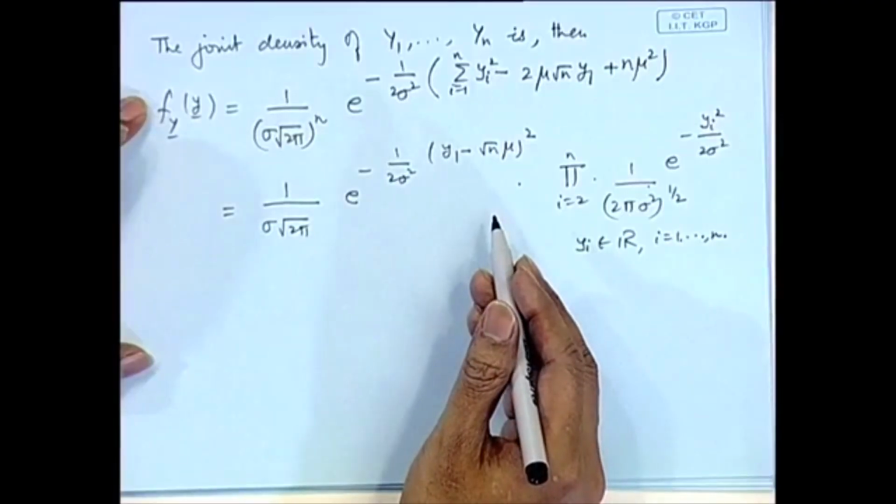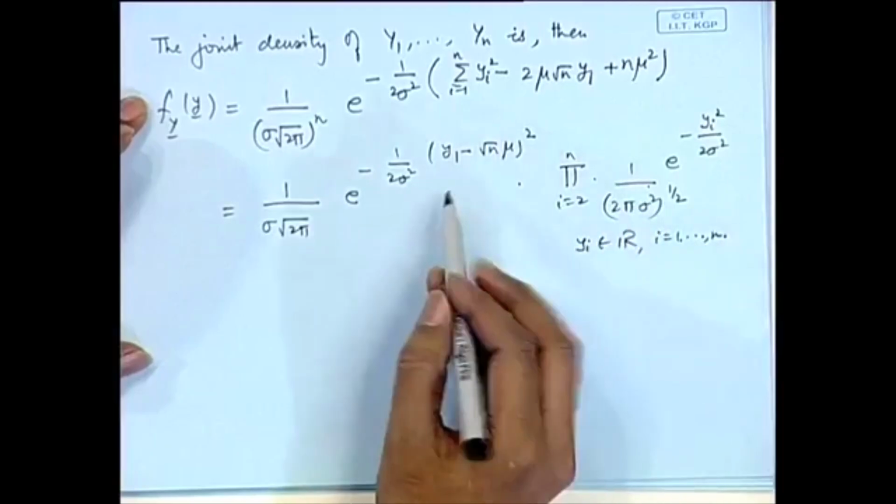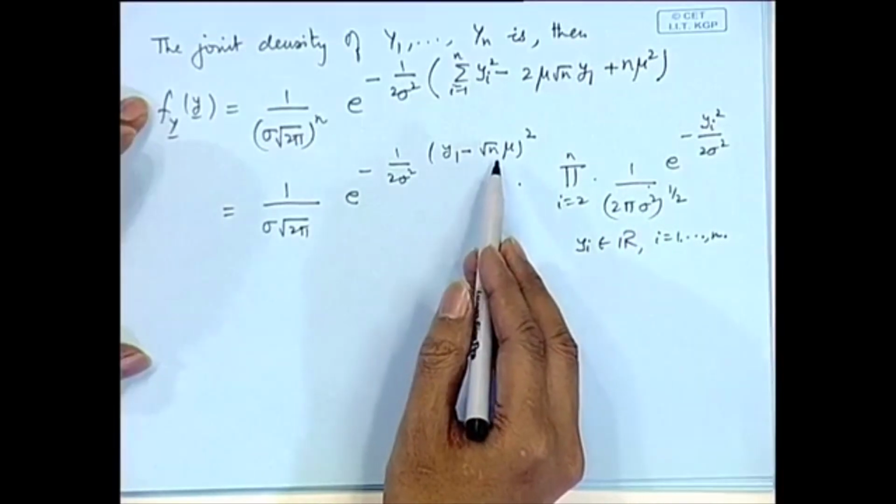So, if we integrate with respect to y_i's, we will get individual terms, that means y_1, y_2, ..., y_n are independent. And you are also able to say that these y_i's are independently normally distributed because of the form of the density.